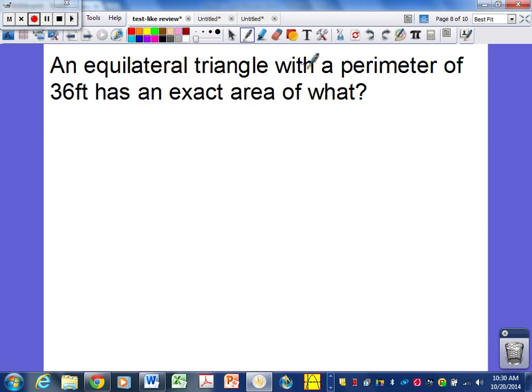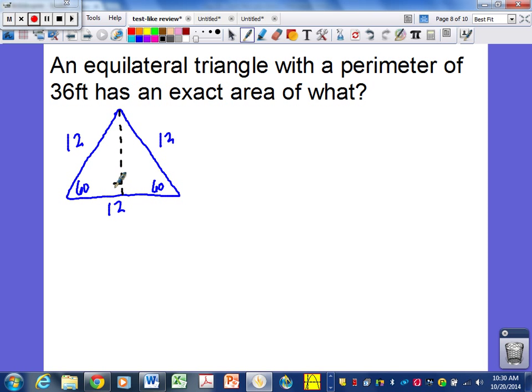An equilateral triangle with a perimeter of 36 has an exact area of what? Okay, so here we have our equilateral triangle that has 60-degree angles everywhere. And if it has a perimeter of 36, that means all the sides are 12. So if I want area, I need to figure out what the height of this triangle is.